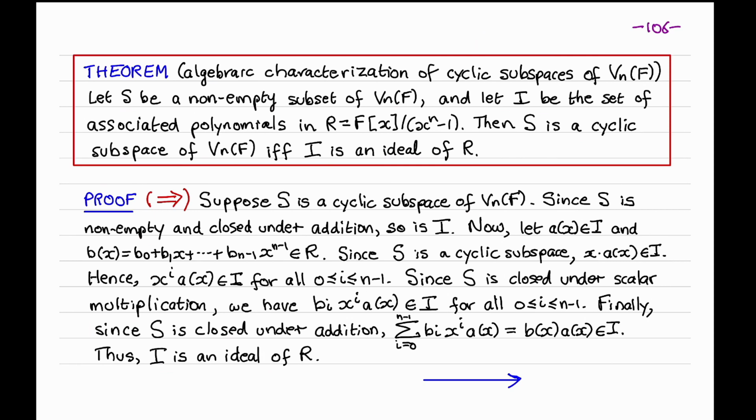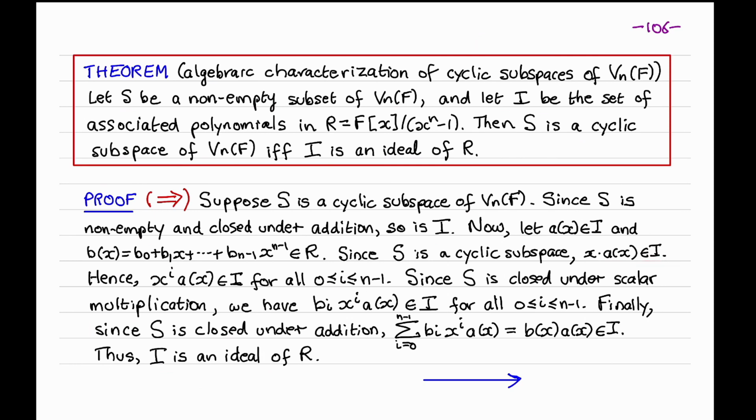We next need to show that I is closed under multiplication by elements in the ring R. So let A of x be a polynomial in I, and let B of x be any polynomial in the ring R. Now the vector A associated with A of x belongs to S, and since S is a cyclic subspace, it's closed under right cyclic shifts. And so the associated polynomial of the right cyclic shift of A, which is x times A of x, also belongs to I.